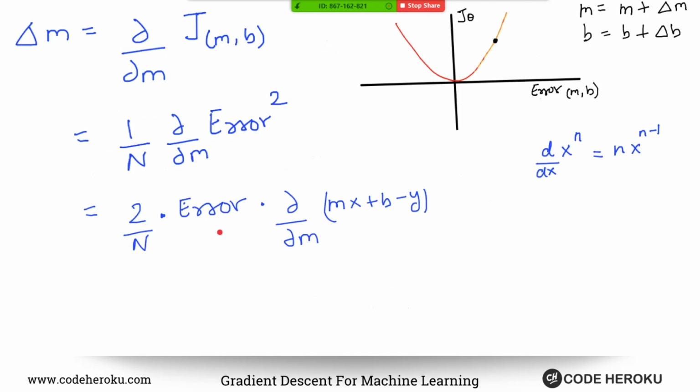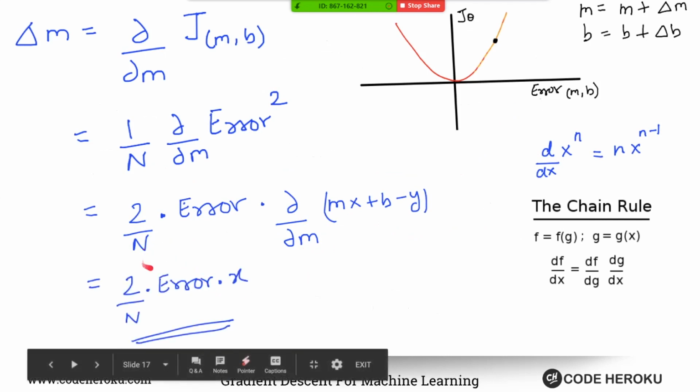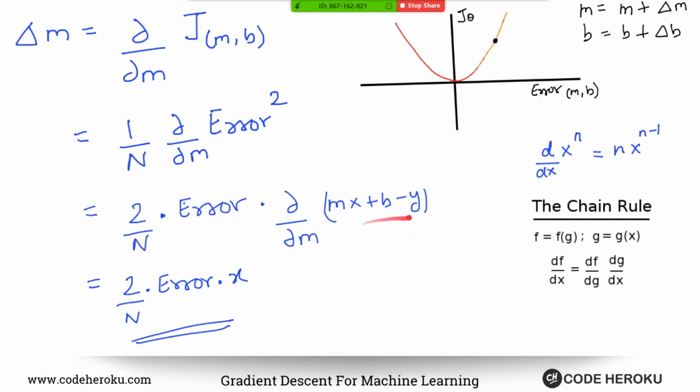We also need to multiply that by the partial derivative of the error itself, which is mx plus b minus y, and we need to take it with respect to m. And the reason why we are taking it with respect to m is because we are trying to find delta m, right? And if you take the partial derivative of this thing with respect to m, everything else is constant.